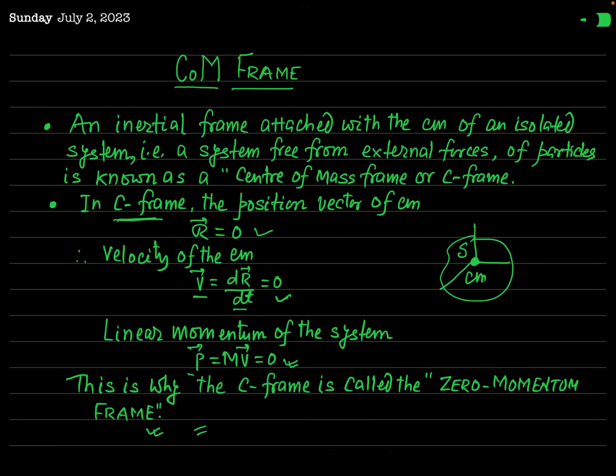You will see that when we deal with the problem of two-dimensional collision or scattering in the center of mass frame, the concept will be very clear to you. We will get more information and that information will be more informative.